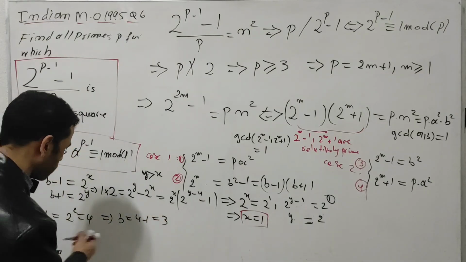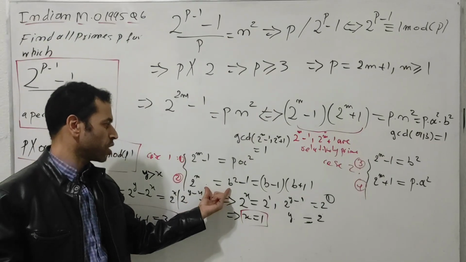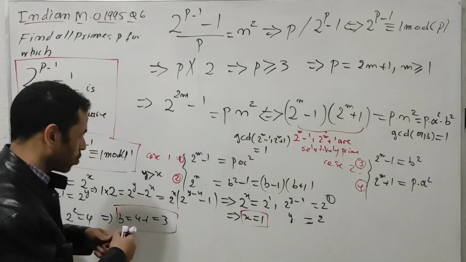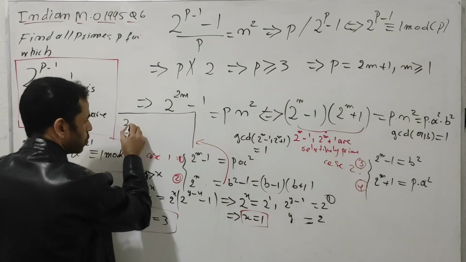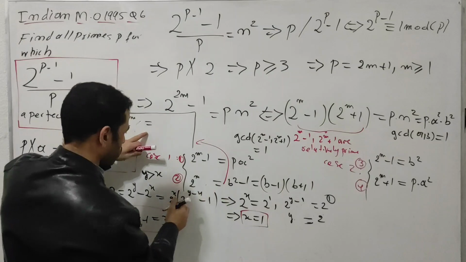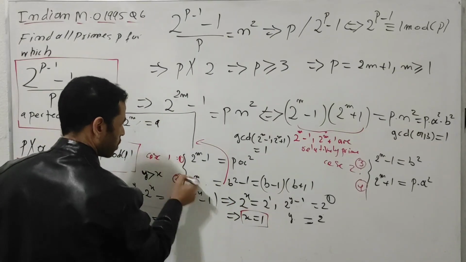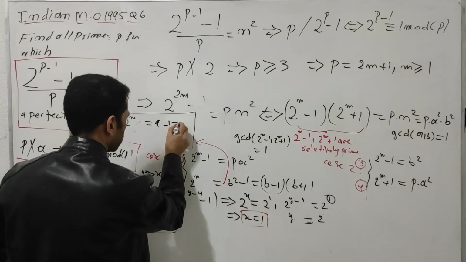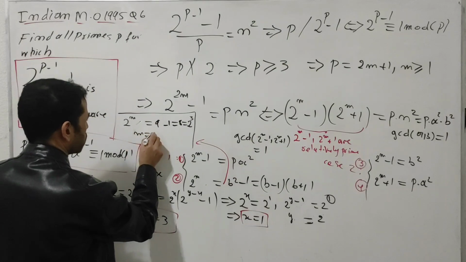Since I know b equals 3, I'm going to take this value of b and insert it into the second equation. So I will have this one, 2^m equals b^2, which is 9, minus 1, which is 8. 8 is written in the form 2^3. So that means m equals 3.